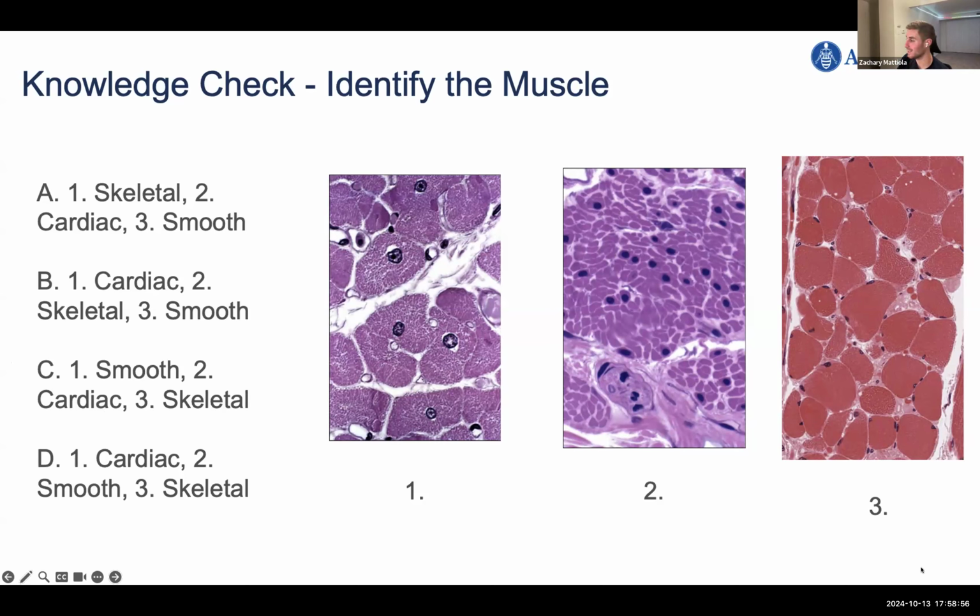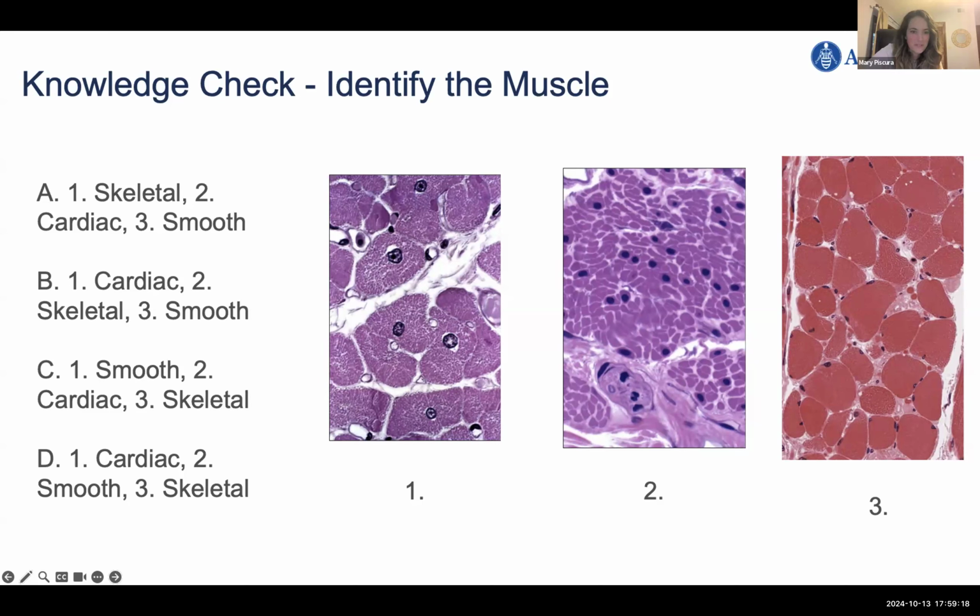Hopefully you can identify at least what 3 is, because there's one big feature that kind of gives it away. Right, and get your answers in.